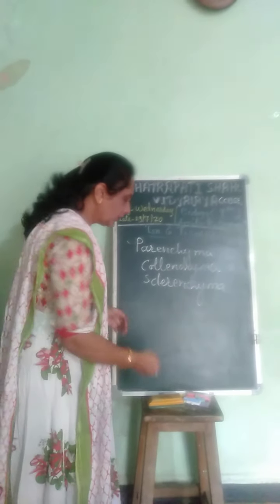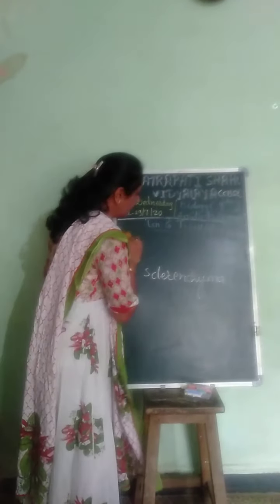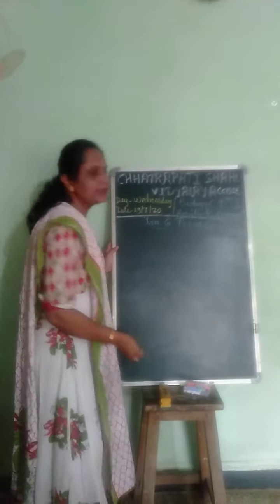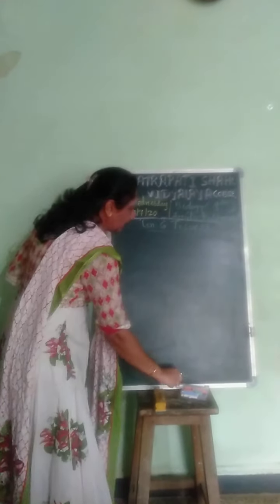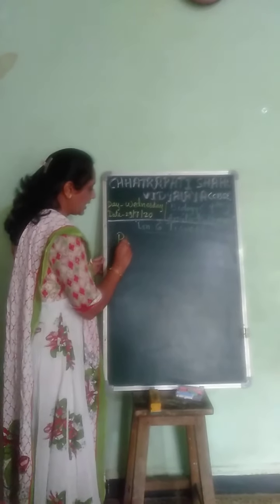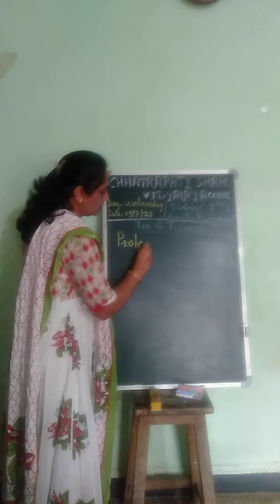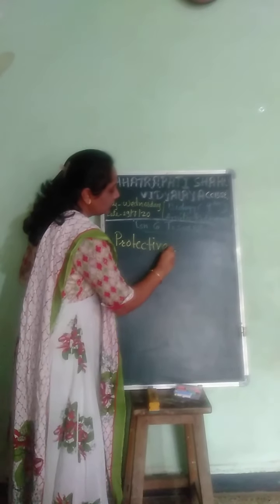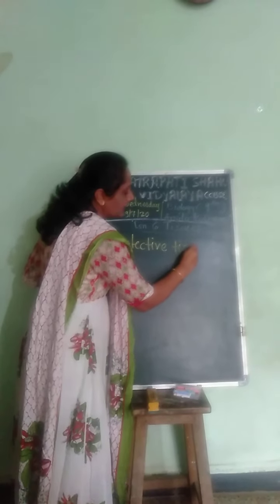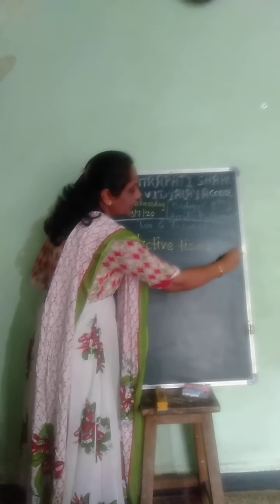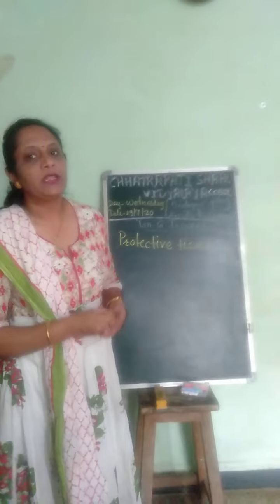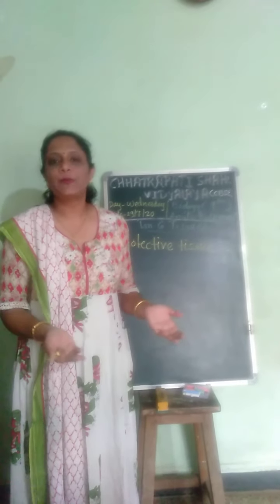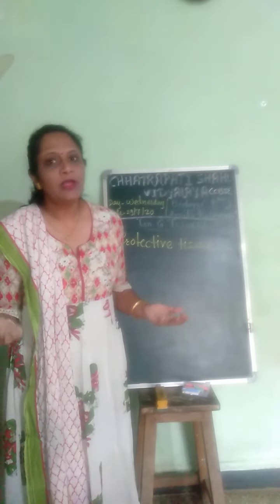Now we are going to study a different type of tissues, and they are nothing but protective tissues. As they are protective tissues, they are present in the coverings, in the outermost part of the parts of the plants.